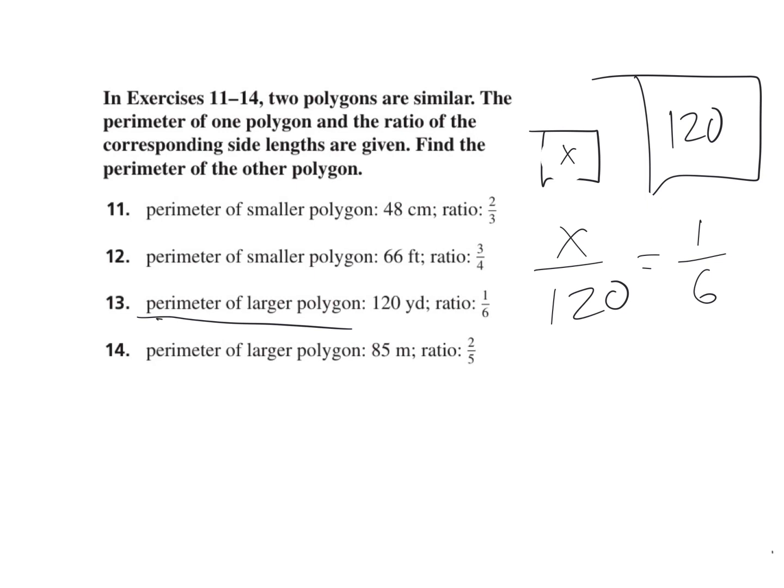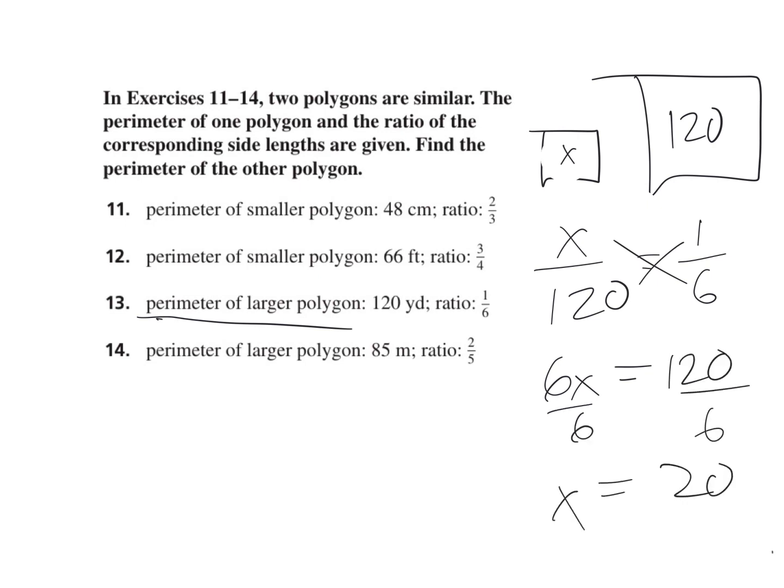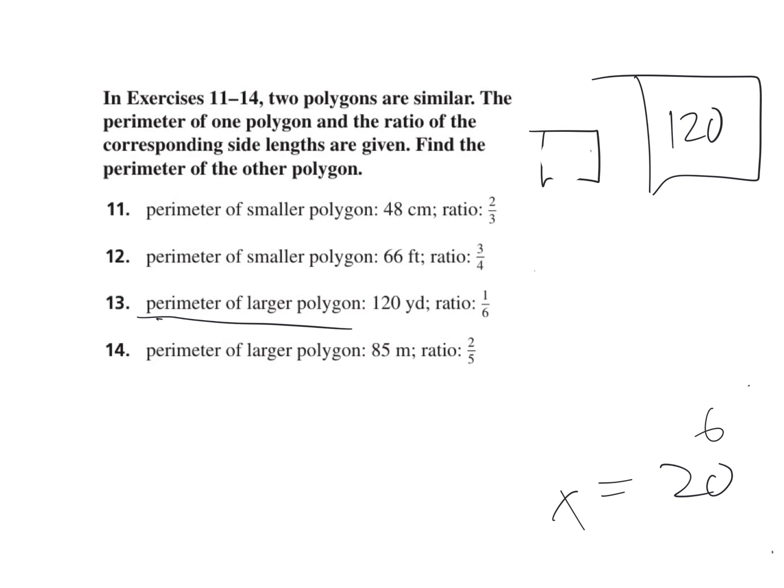So they're supposed to be the same, small to large and small to large. So cross multiply, and we divide, and x equals 20. So the perimeter of the smaller polygon is 20. Let's erase that and do the next one, which will be the same type of problem.